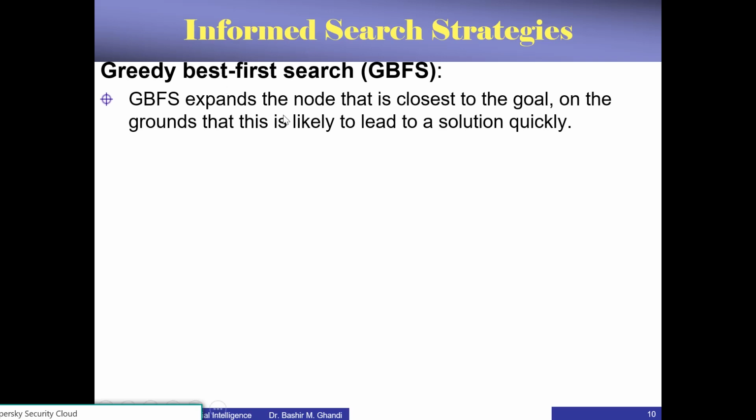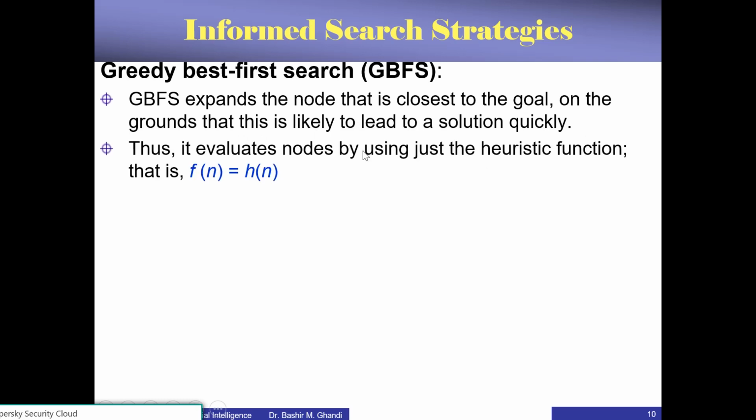It says expand the node that is closest to the goal on the ground that this is likely to lead to a solution quickly. In other words, it evaluates nodes by using just the heuristic function.